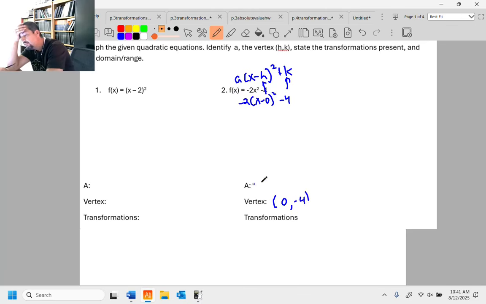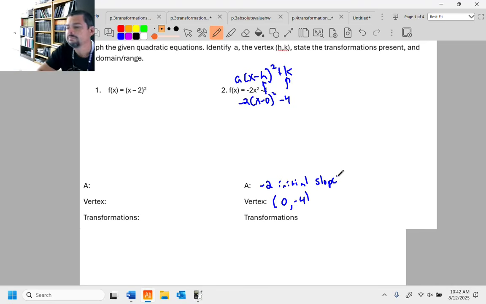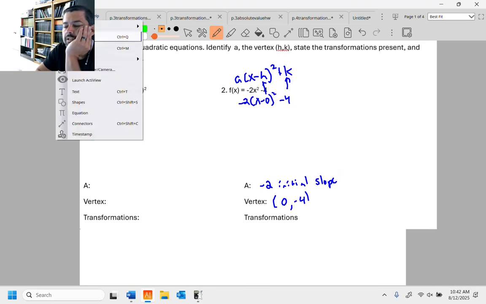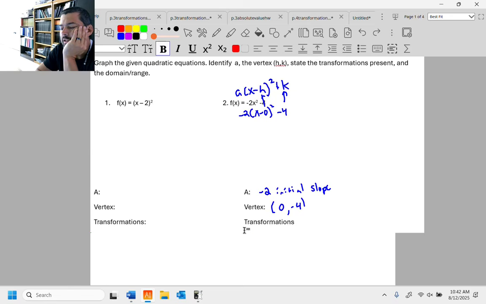The a value is negative 2, and think of that as initial slope, okay? And let's talk about the transformations that are present. I've got enough now that I can talk about those. Because a is negative, we have a vertical reflection.